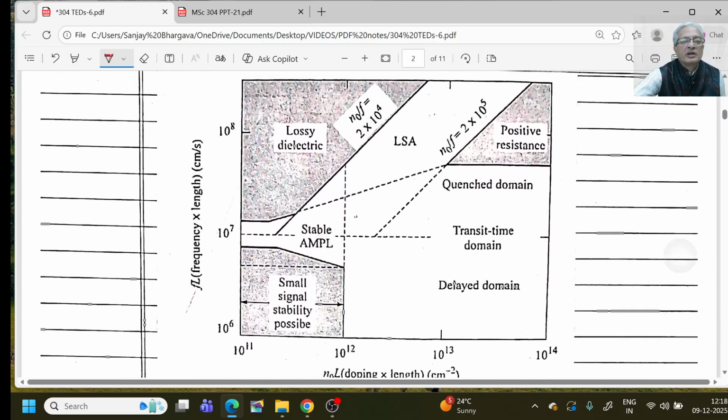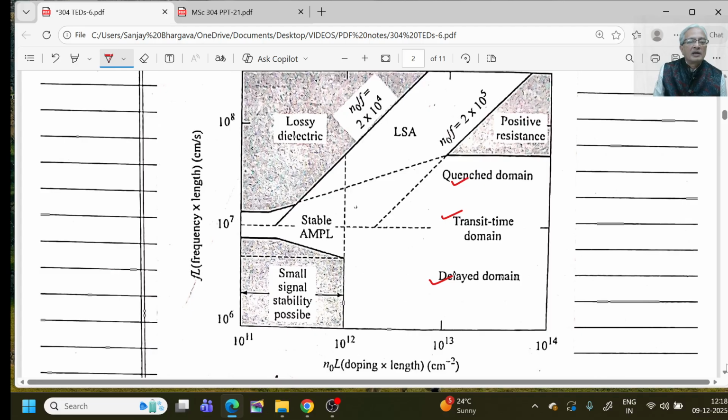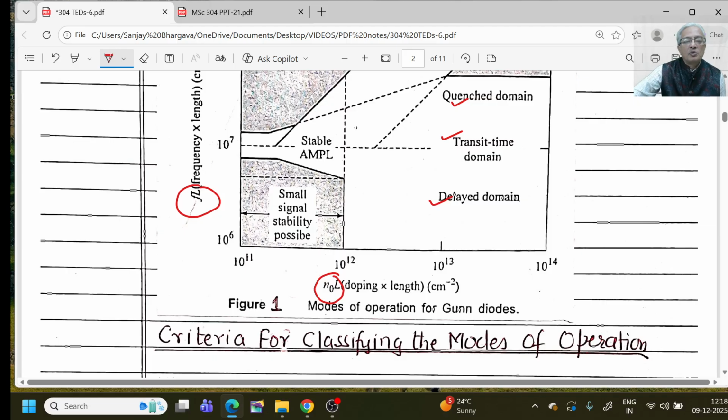All these are shown here. This represents the quenched domain, transit time domain, and the delayed domain. All of them are decided on the basis of the product fL and the product N0L. These are the two critical numbers which help in classifying the modes of operation for Gunn diodes.